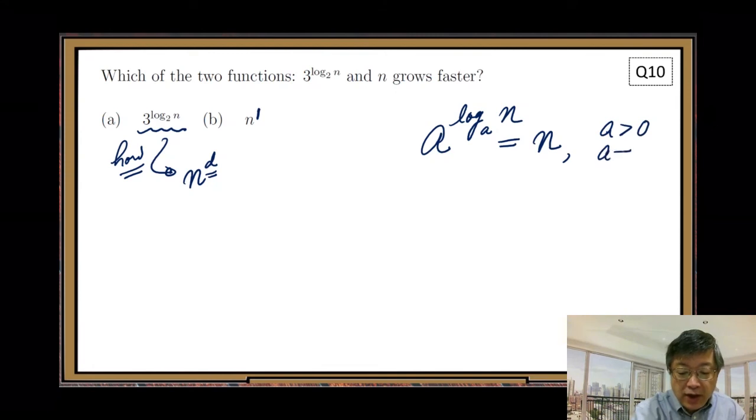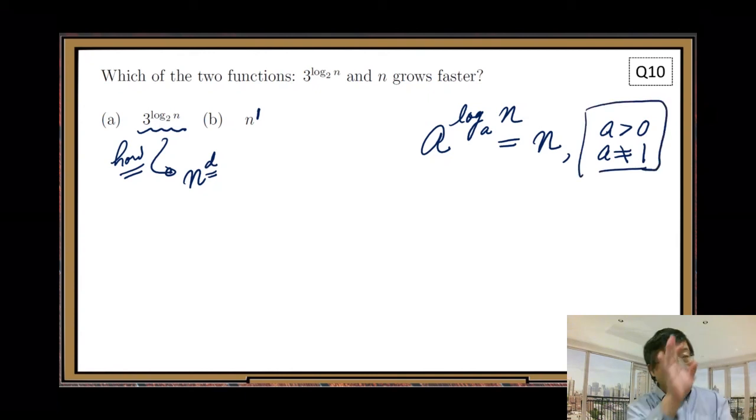Second, a cannot be 1. It is true for any other positive a. This formula can be proved easily just by the definition of the logarithm, the relationship between the logarithm and the exponential function. You just take log base a of both sides, and they are equal.